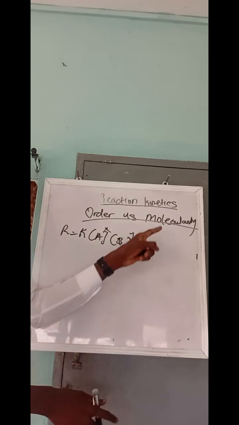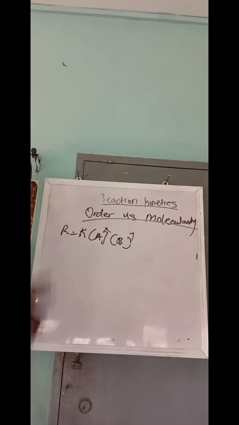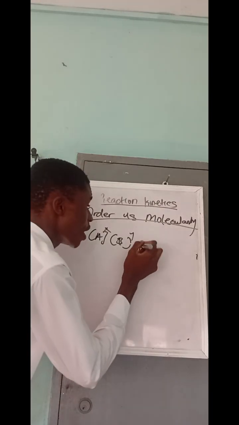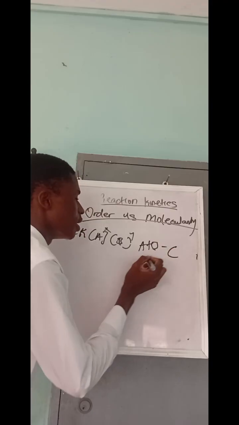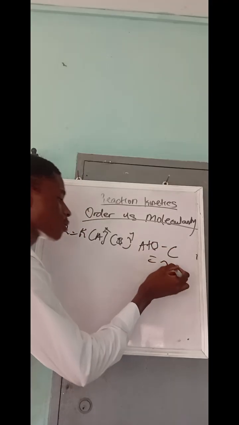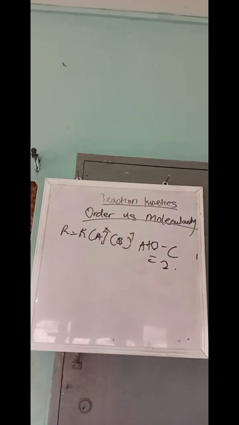Molecularity is the total number of moles, ions, or atoms of the reactants in a particular reaction. If I have A plus B to give C, then I can say my total molecularity is 2. Am I communicating?